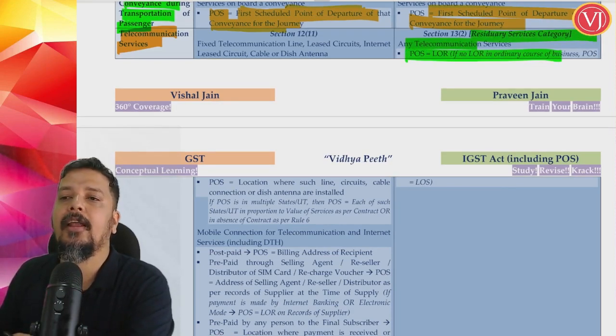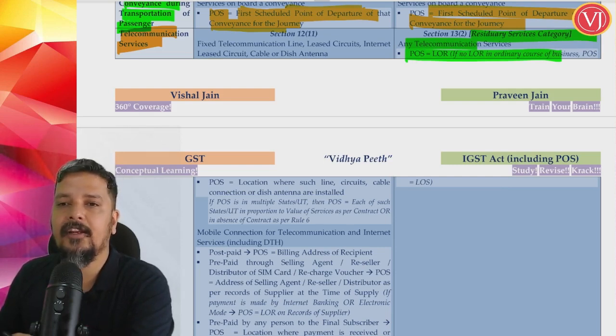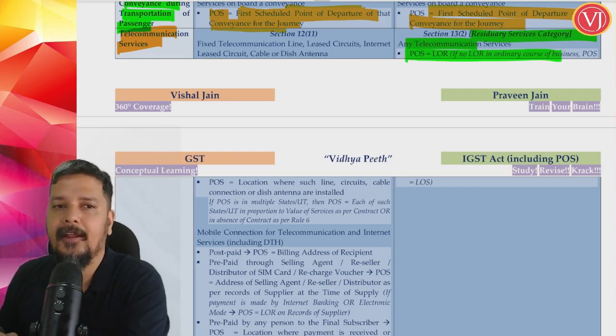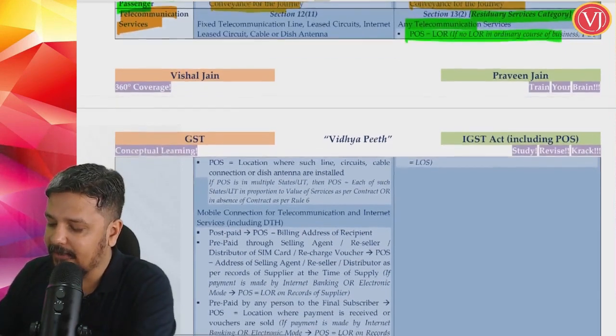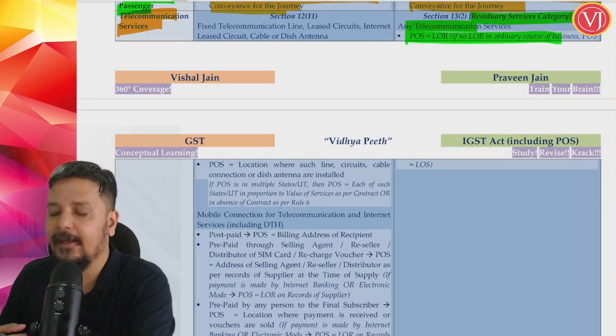If at all LOS or LOR is outside India for your telecommunication services, be it your telephone connection, mobile phone connection or internet services, in section 13 it will go in the residuary category where the place of supply is the location of the recipient. If not available in the ordinary course of business, it is the location of the supplier. The entire detailed discussion is only in section 12, where both LOS as well as LOR are in India.